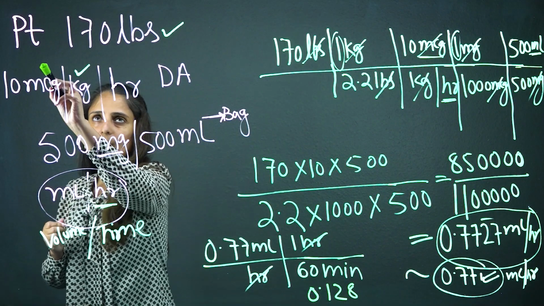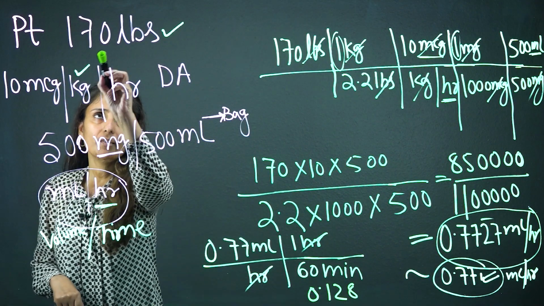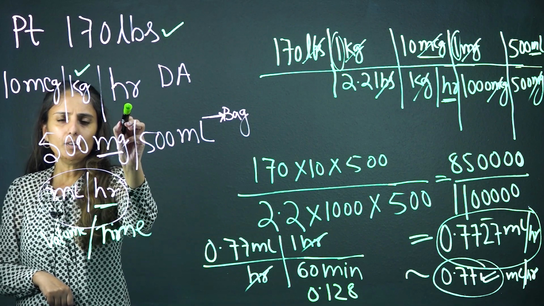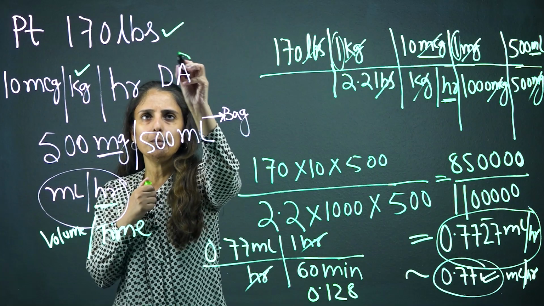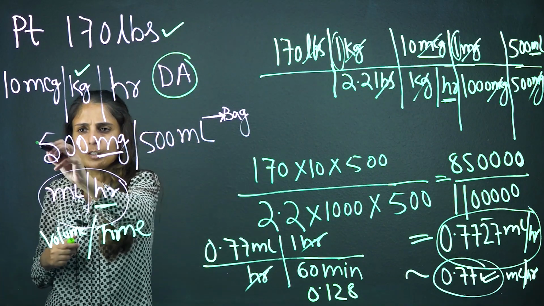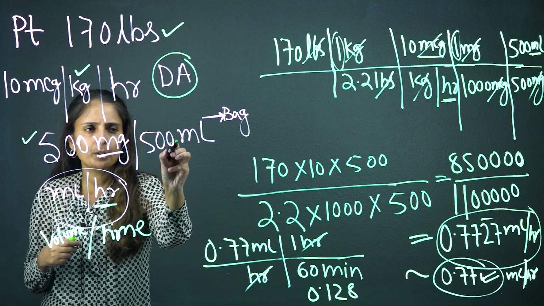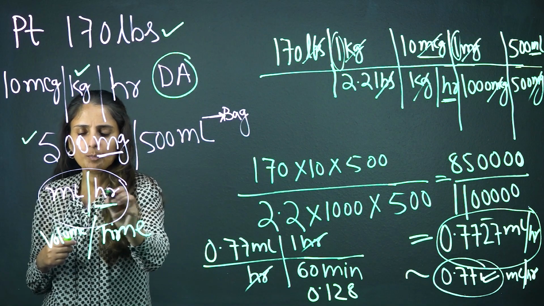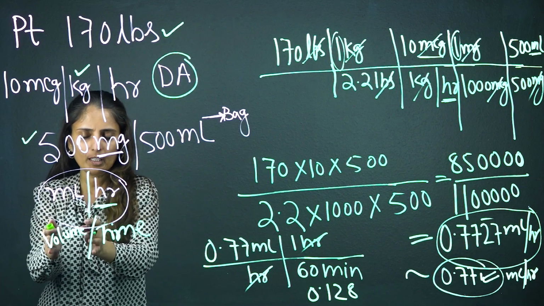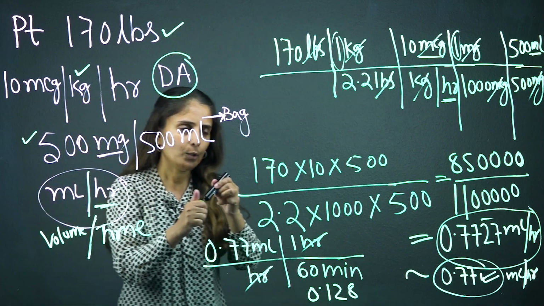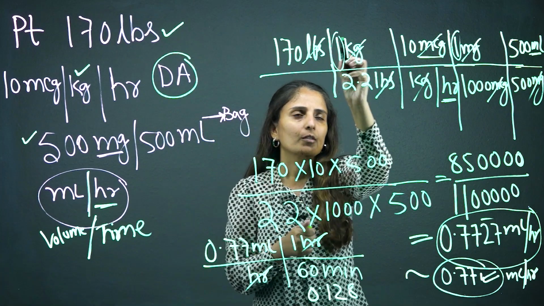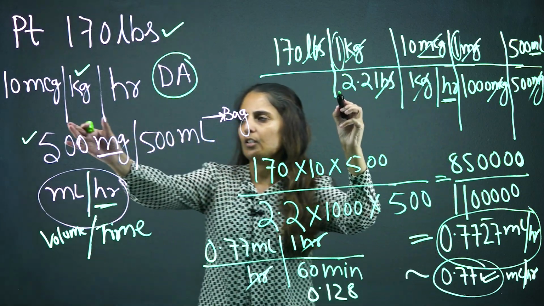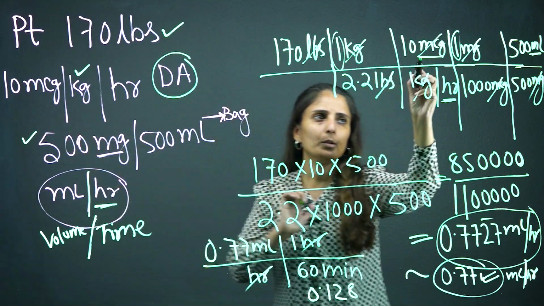So again, to summarize, the patient weight was given to you as 170 pounds, and then the dose was given to you as 10 micrograms per kilogram per hour. The drug we were using was dopamine. And the drug is available as 500 milligrams per 500 ml bag. And the physician is asking how many mLs per hour you are going to give. That is how much volume over time. So you're going to start out with your patient's weight, convert that from pounds to kilograms, and then use the patient-specific dose, which is 10 micrograms per kilogram.